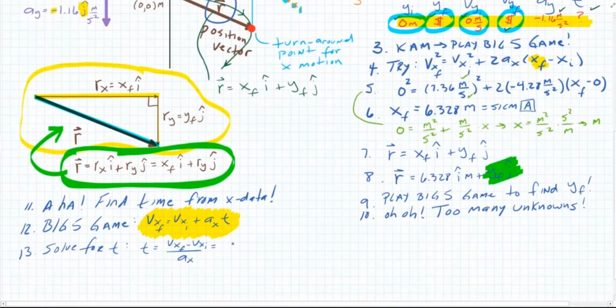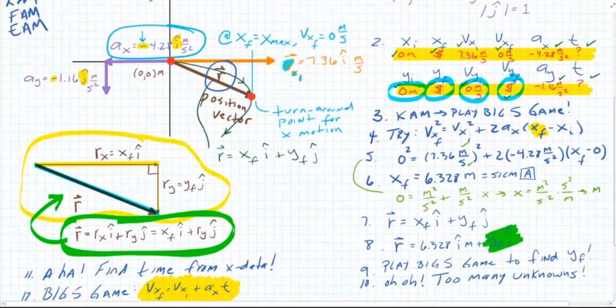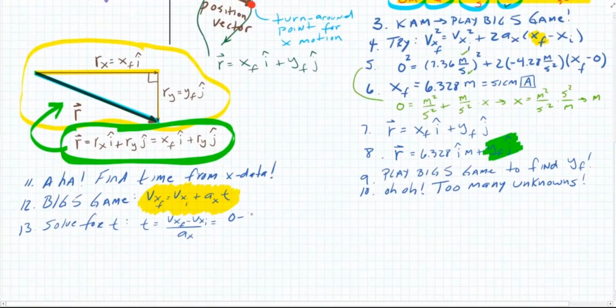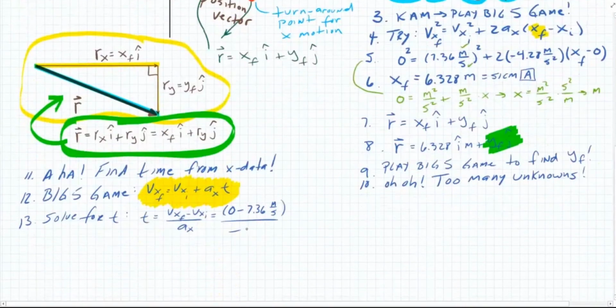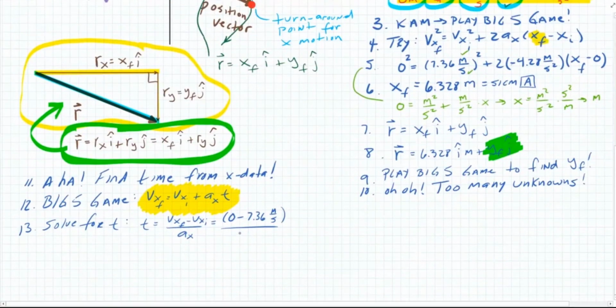Vxf is 0 minus my initial velocity, for me, 7.36 meters per second. That's my numerator. My denominator is negative 4.28, referring to my data table, negative 4.28 meters per second squared.